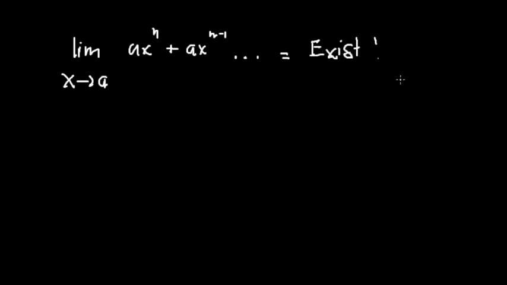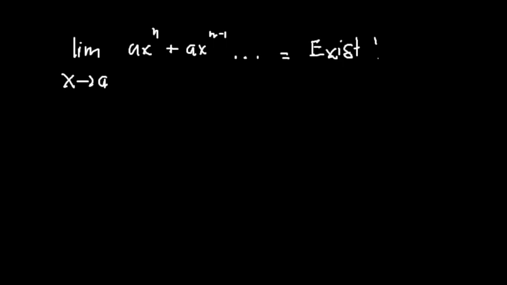So every polynomial function, any degree, as long as it's a polynomial, its limit will always exist. However, hindi natin masasabing the same sa, let's say, a rational function or trigonometric function. Sometimes it will not exist.